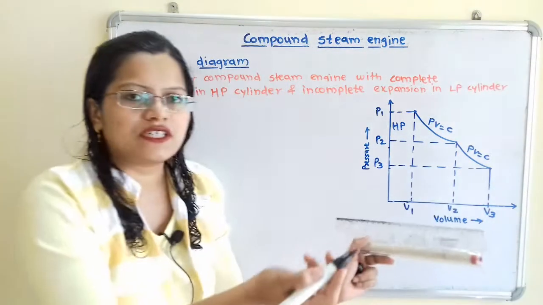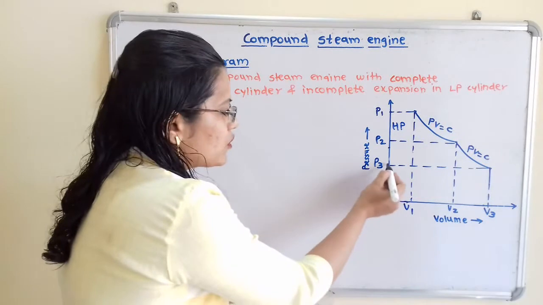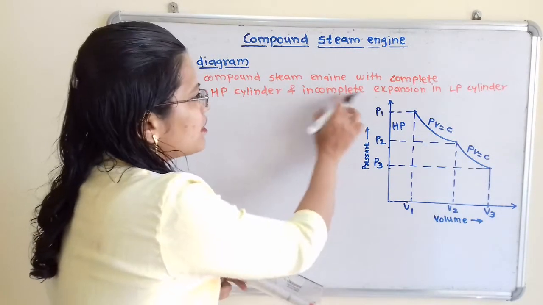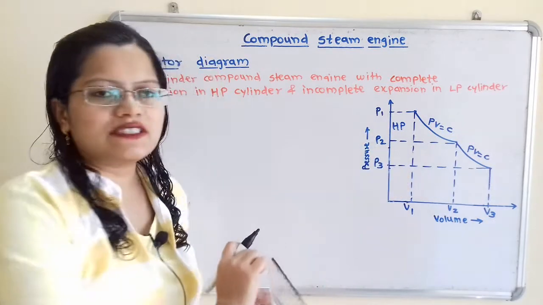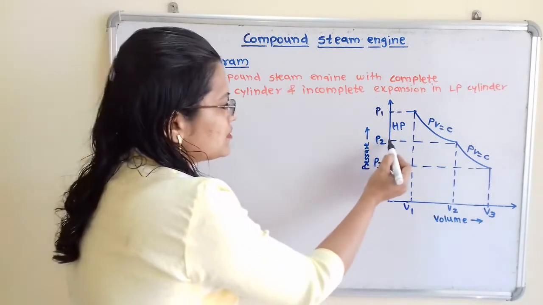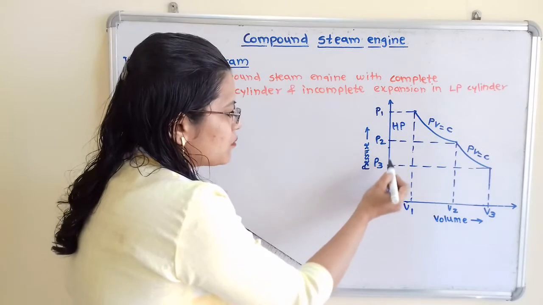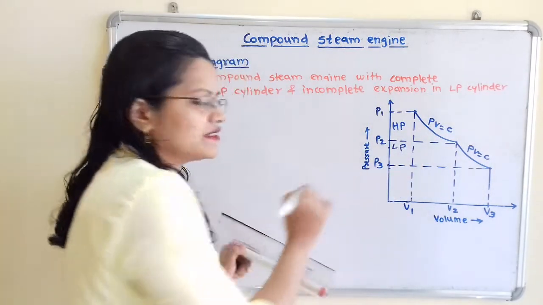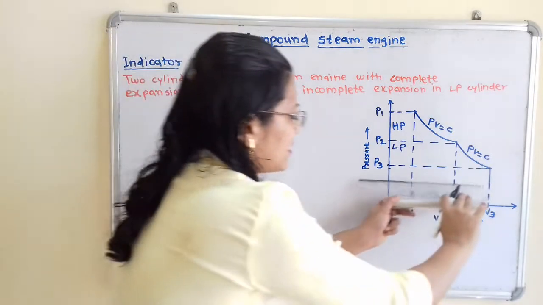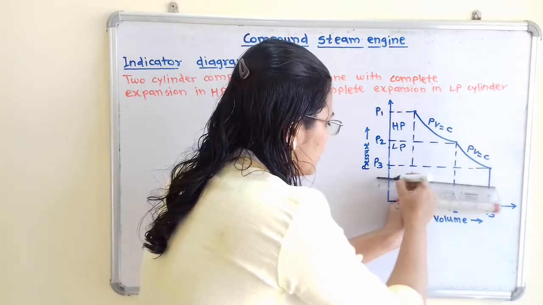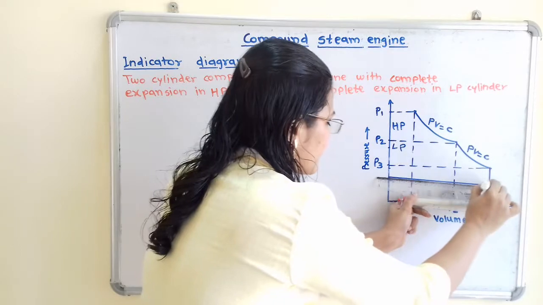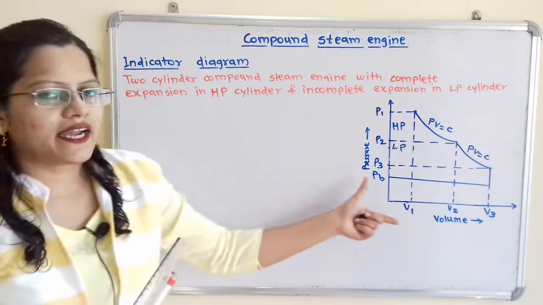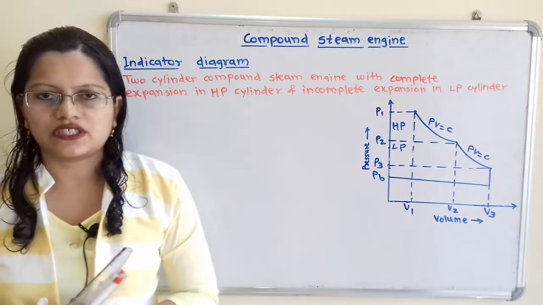So this back pressure is always minimum or is always lower than this pressure P3, because incomplete expansion in low pressure cylinder is taking place. So this decrease in pressure from P2 to P3 is taking place in low pressure cylinder. So I will show here as a LP cylinder, and then the back pressure we will show here, that is PB.